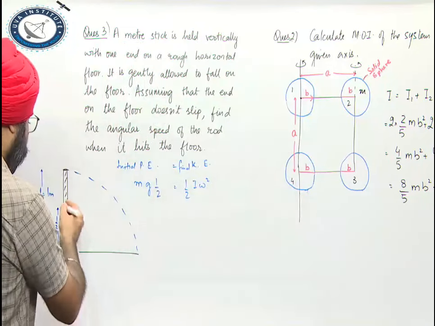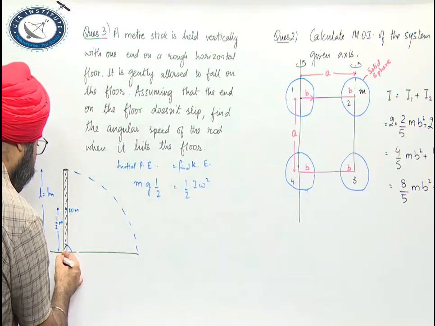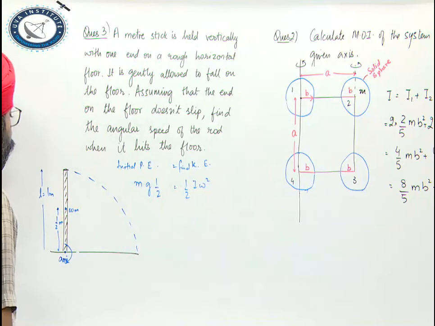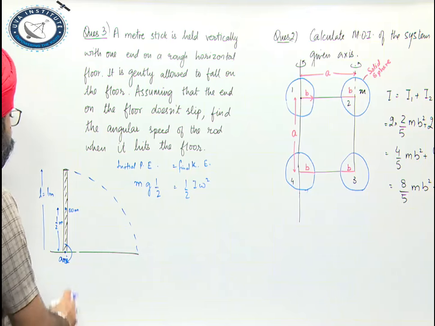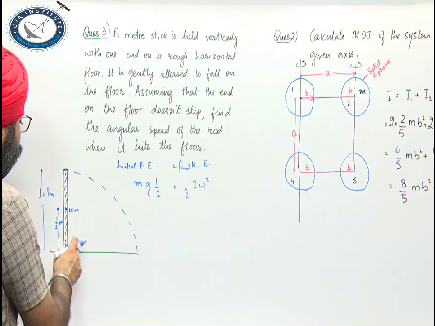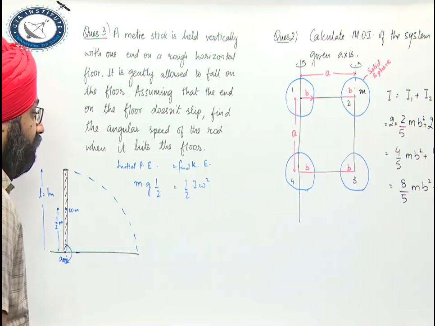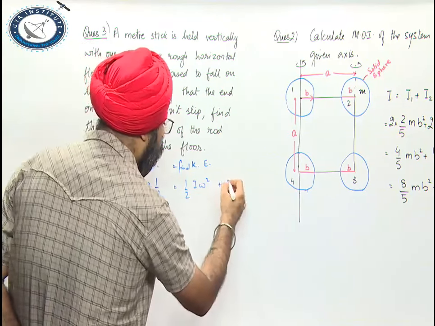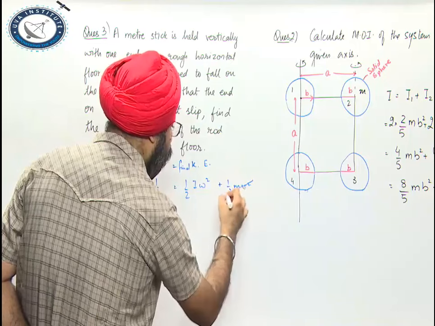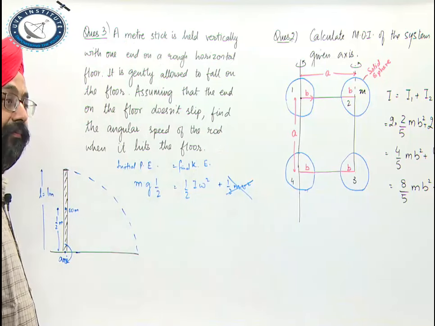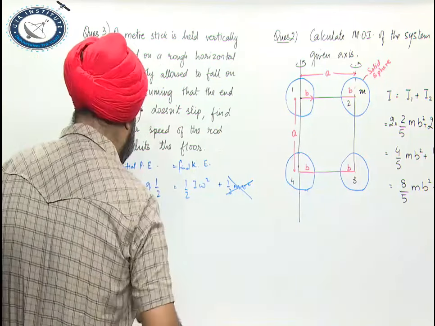Here the center of mass is moving, but my axis of rotation is fixed. Since my axis of rotation is at rest, v is 0, so I will not include half m v square. So it's only half I omega square.